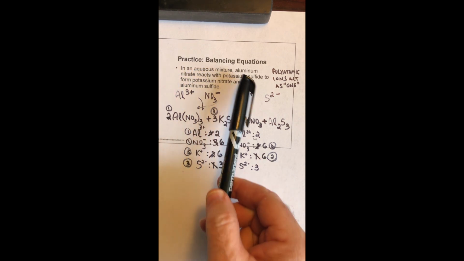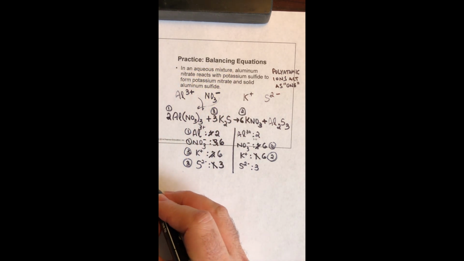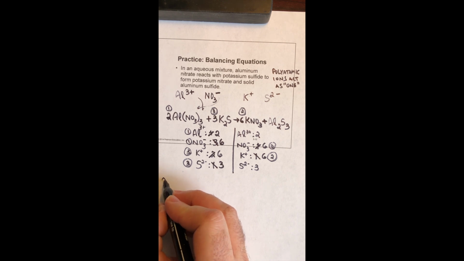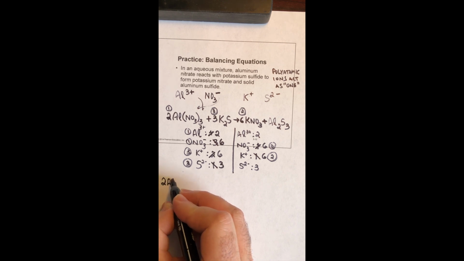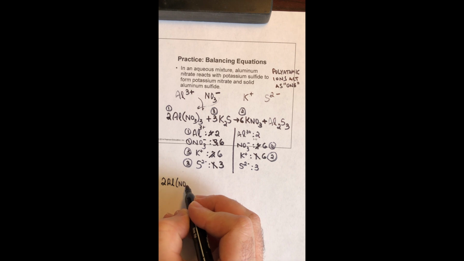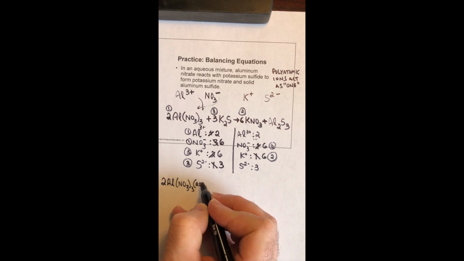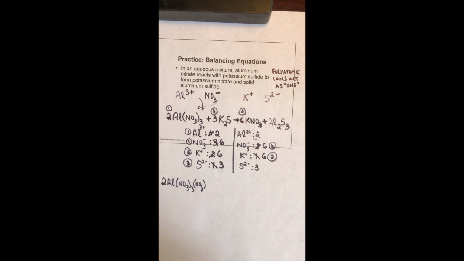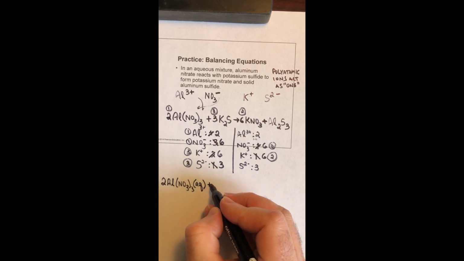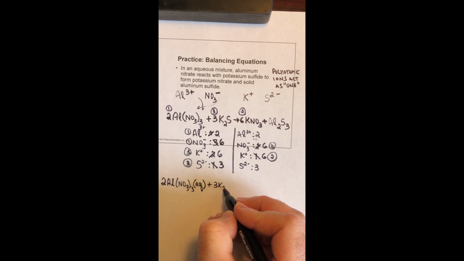It says that this is all in an aqueous mixture. So what that means was that when I started, this aluminum nitrate compound was in the form of an aqueous solution. That's the symbol AQ. And so was the potassium sulfide.